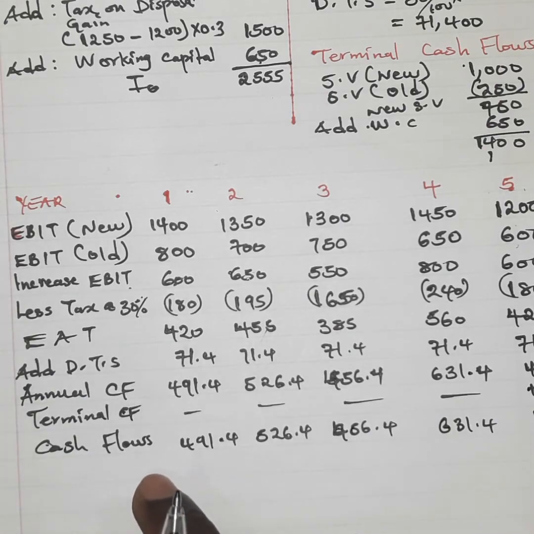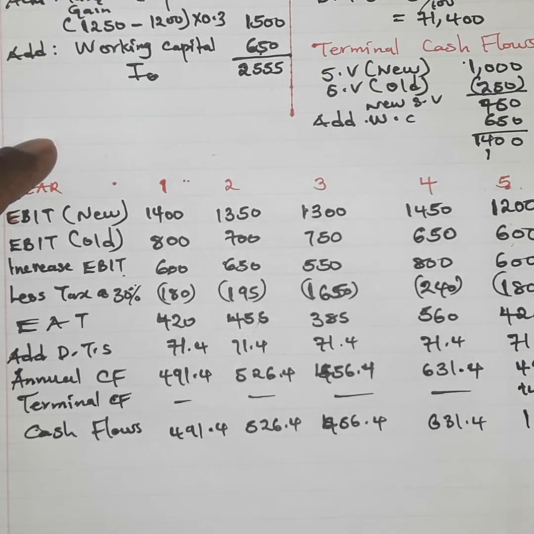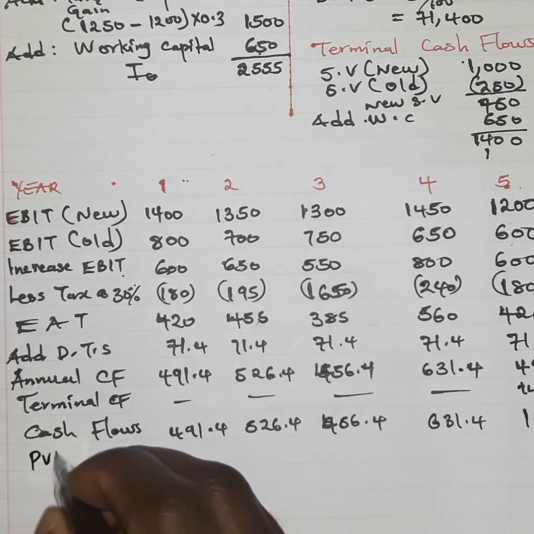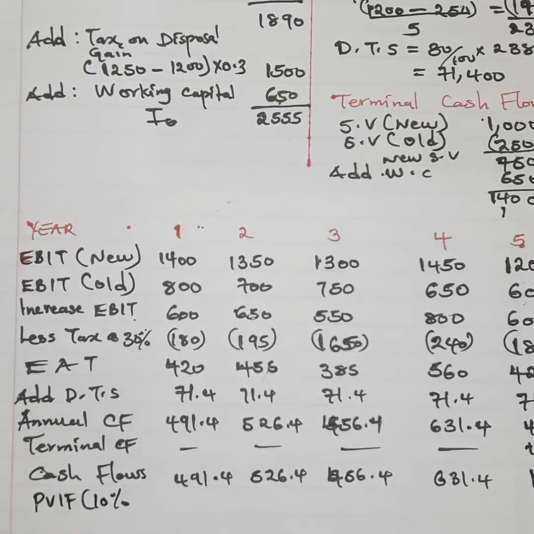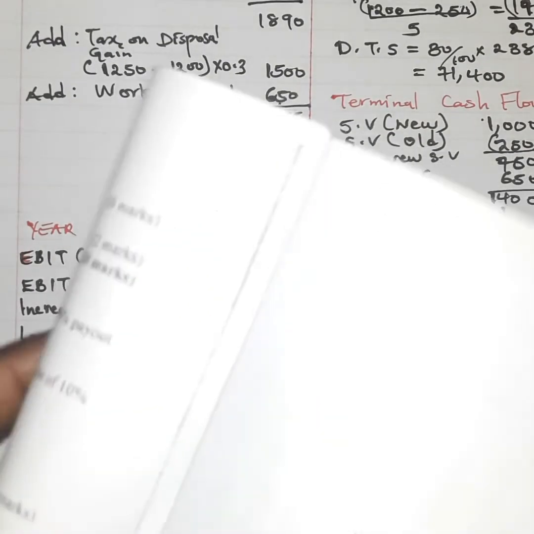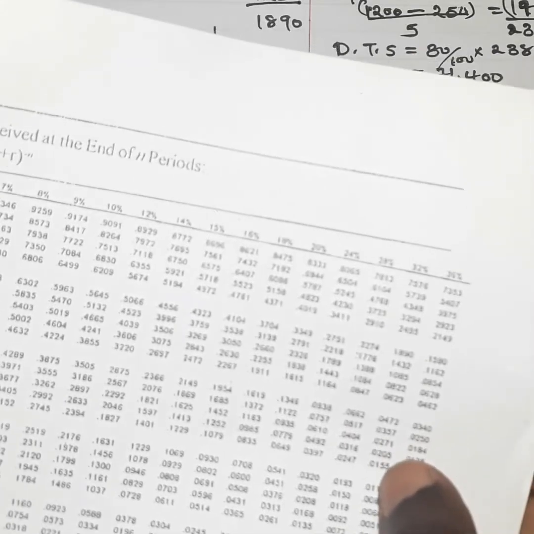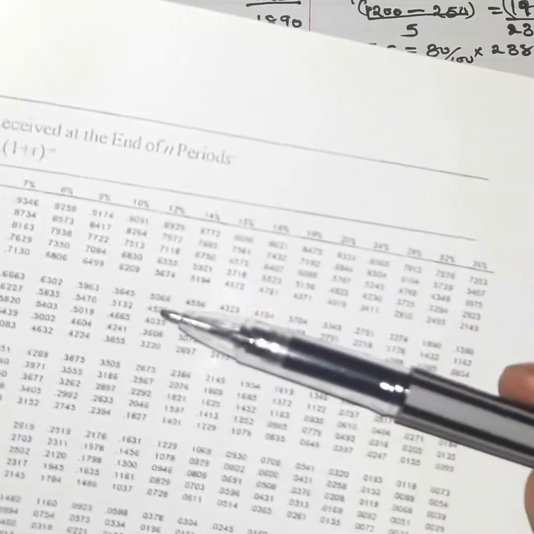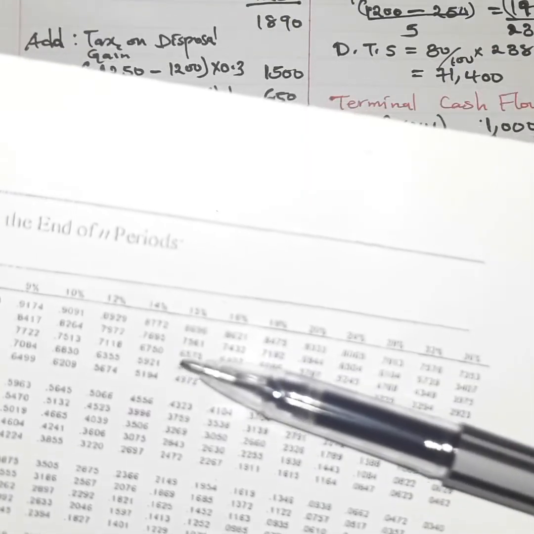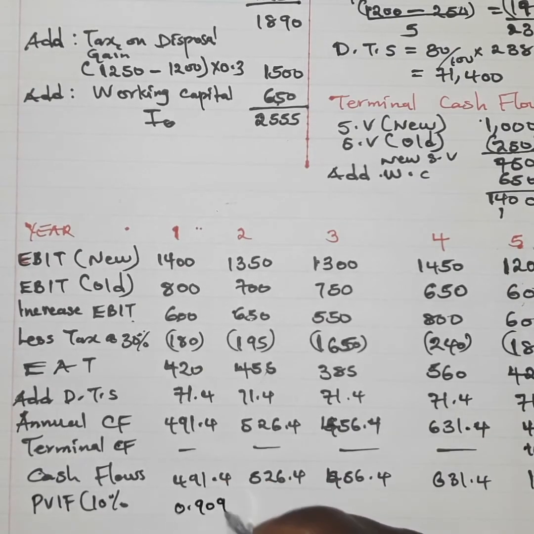And these are now the cash flows which are supposed to be discounted using the present value. So we have the present value interest factor at 10%, and we have to get this one from the table. Now from our table, the present value interest factor at 10% for year 1 is 0.9091.